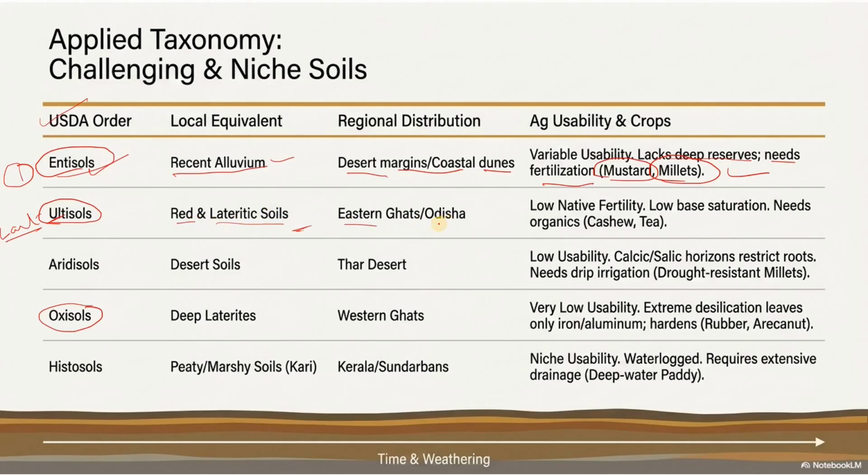It is found in the Eastern Ghats and majorly in parts of Odisha. They have low native fertility, low base saturation, and need organics for the growth of the crops. And the fascinating crops we see here are the cashew and the tea, which grow very well in this kind of soil.